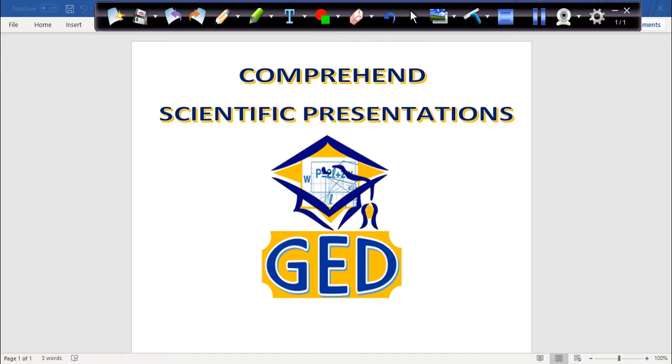The main idea of a science presentation or graphic is its topic or the writer's point. Use the science diagram to practice finding the main idea. This graphic is about a dry cell battery.